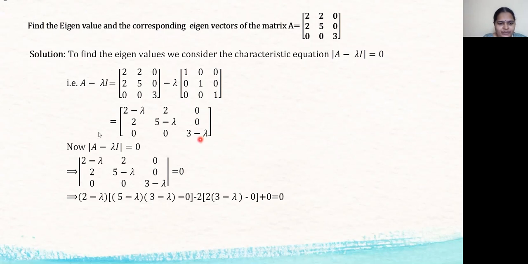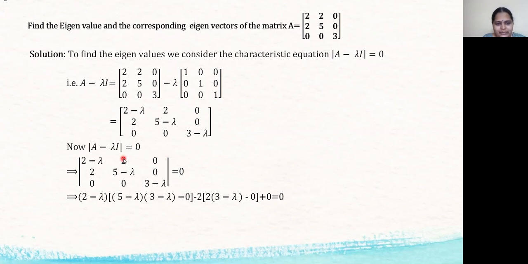So how do we find the determinant? First we take the first row first element, 2 minus lambda, into the cross multiplication of these two elements: 5 minus lambda into 3 minus lambda minus 0 into 0. This is the formula for the determinant.